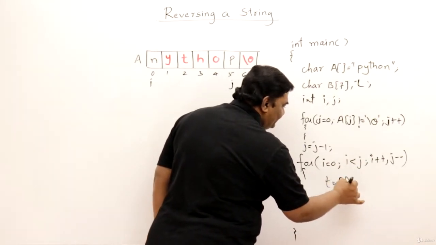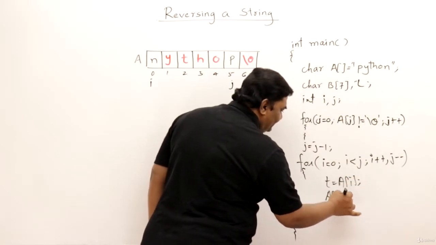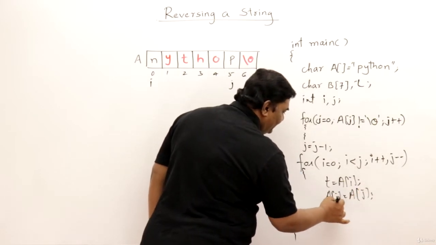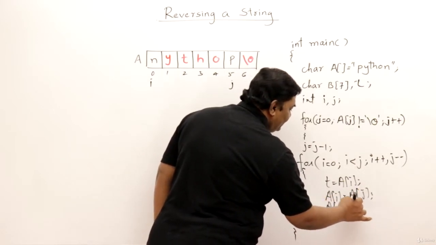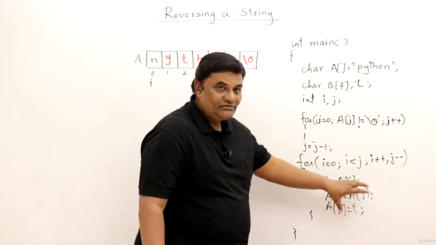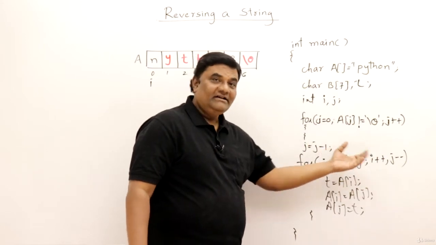A of I value is exchanged with A of J. So first of all take it in T, then A of I assign A of J, then A of J assign with T. So this for loop will exchange the two alphabets and move I, increment I and decrement J.